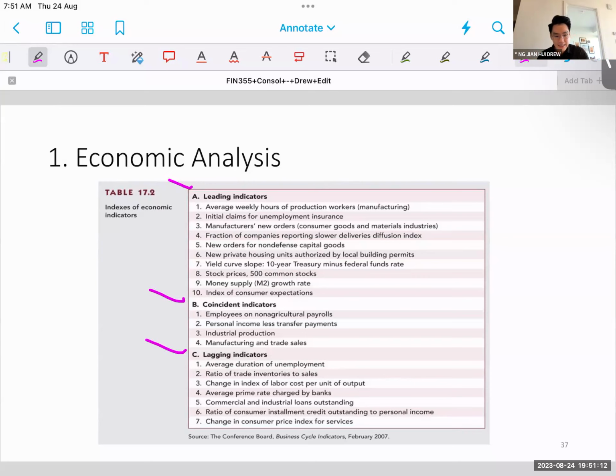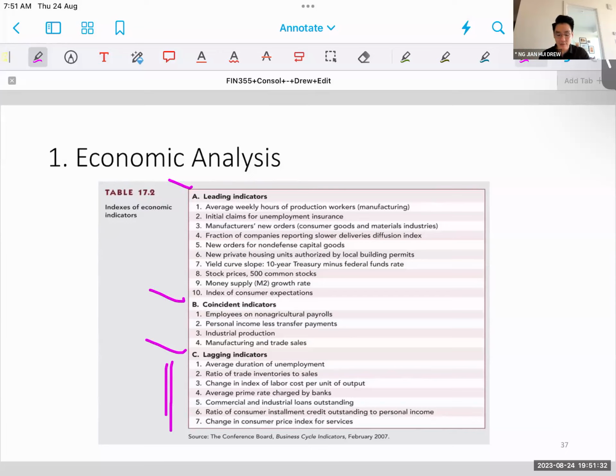So we tend to focus a lot on lagging indicators because they are historical information that is already there, and therefore we're able to determine from the lagging indicator how the economy could move in the future.